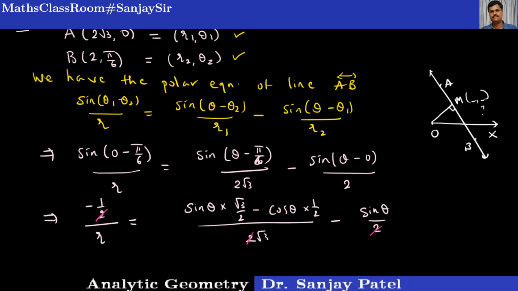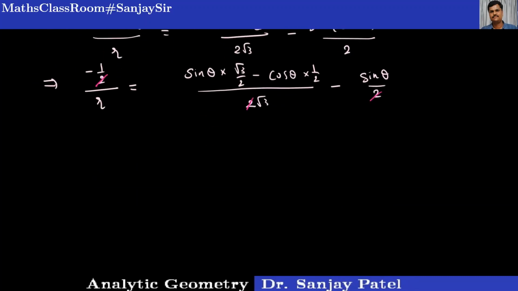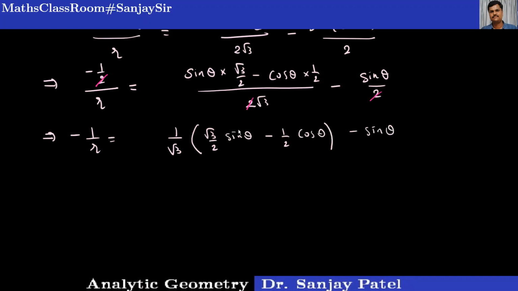Then we can rewrite this equation like this: minus 1 upon r is equal to, this I can simplify, 1 upon root 3 into (root 3 by 2 sine theta minus 1 by 2 cos theta) minus sine theta.